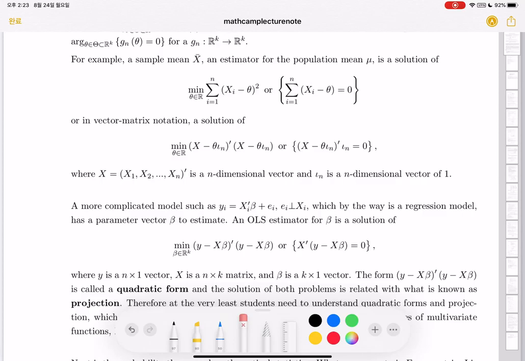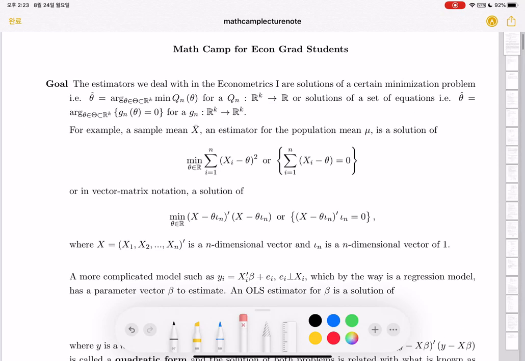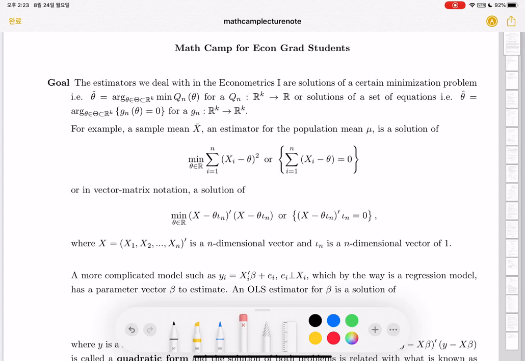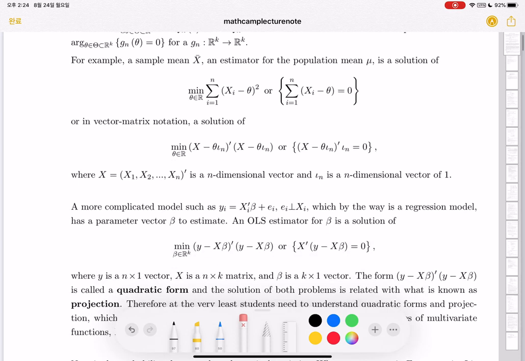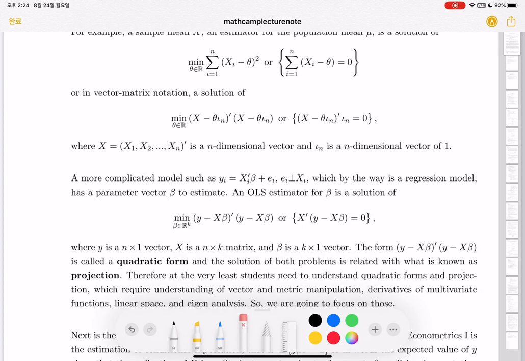So I want you to read the lecture note that I have sent. Here's the goal, and this is going to be the OLS regression model, and you are going to derive the OLS estimators using this minimization problem.